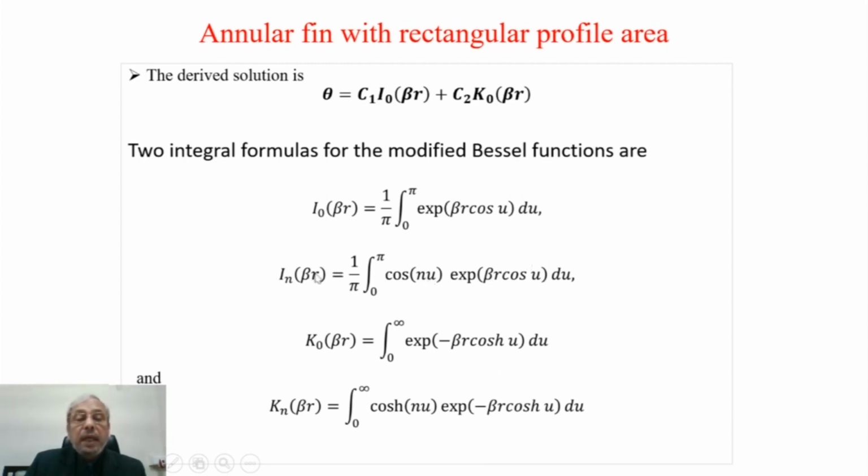And when n equal to 0, we get I0. Similarly, Kn can be expressed as an integral formula, basically with cosh(nu) exponential minus beta r cosh u du. For n equal to 0, we get the expression for K0. These K0 and I0 can also be represented by these two integral formulae.